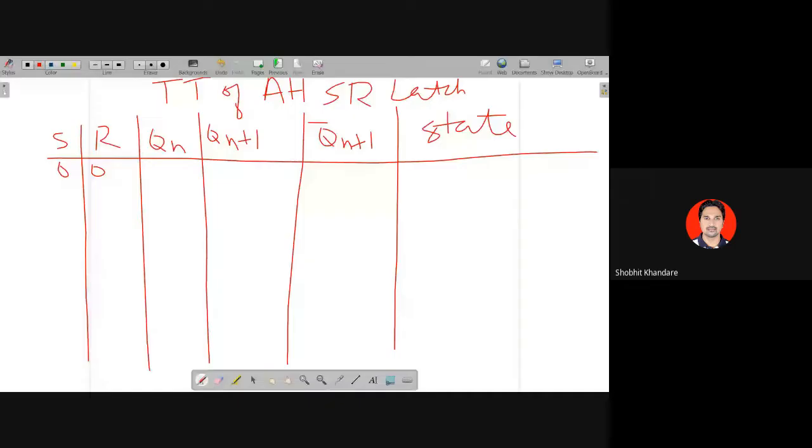Before I start completing the truth table, can anyone of you tell me what is Qn and Qn plus 1? What is the difference between Qn and Qn plus 1? Please tell me, any one of you.